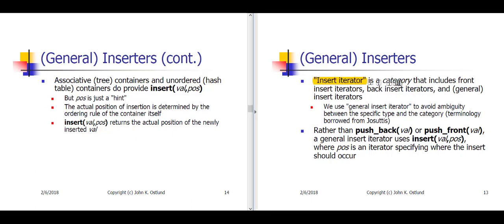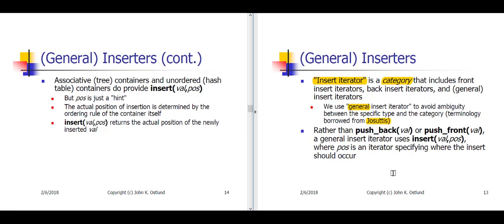Insert iterator is a category that includes front insert iterators, back insert iterators, and general insert iterators. However, the term general is not part of the standard description of the language. So in Josuttis's C++ standard library book, he makes use of the term general insert iterator to differentiate this kind of insert iterator from the front inserters and back inserters.